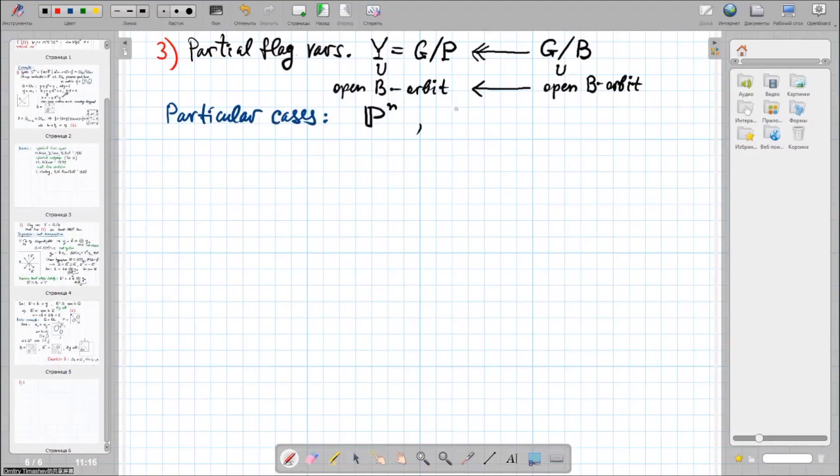Here G is GL_{n+1}, and P is a parabolic subgroup which stabilizes, say, the point corresponding to the first basis vector in the respective vector space. So it is a subgroup of matrices of this form. Let me write a matrix for you like this.